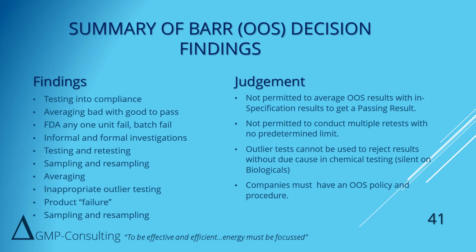The judgment was that you're not permitted to average out-of-spec results to get a pass. You're not permitted to conduct multiple retests without any predetermined limit. So you need to say if you're going to do 3, 5, 9 repeats. And also on the outlier testing for chemical testing, you can't use it for chemical assays. You can use it in biological or biotech assays, but not in chemistry, because your product is meant to be homogeneous and representative.